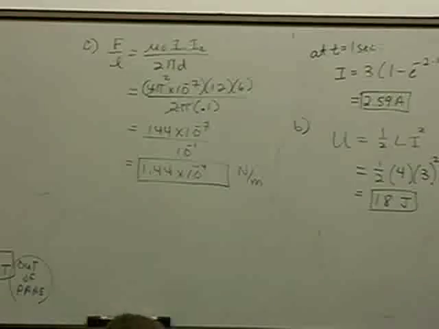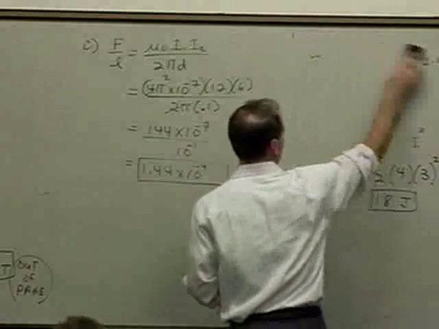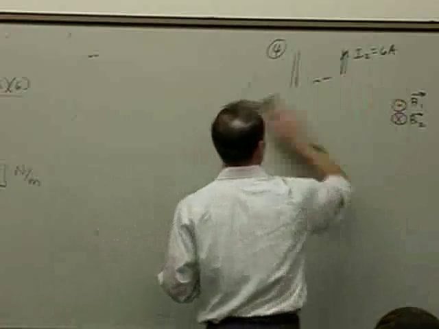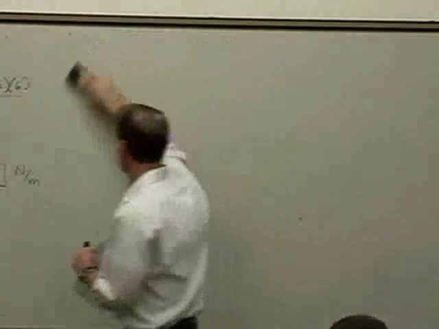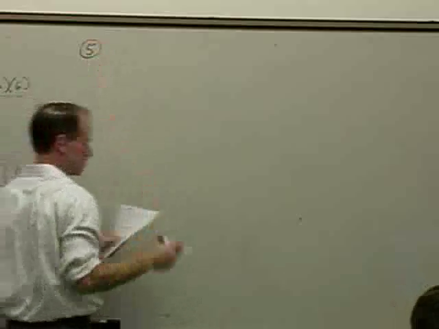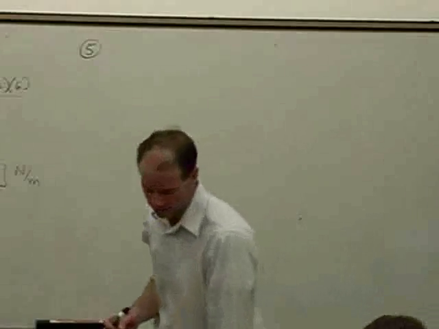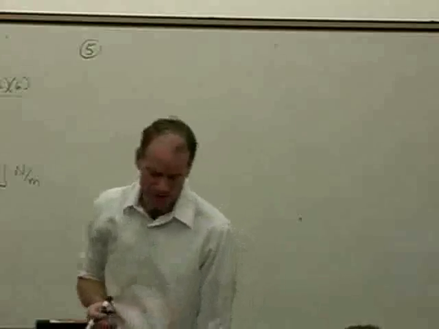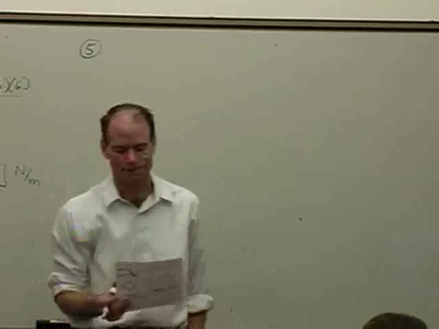On number 5. This is a 50 millihenry inductor connected in series with a 200 ohm resistor, a 6 microfarad capacitor, and a 60 hertz source with a voltage of 210 volts sine omega t.